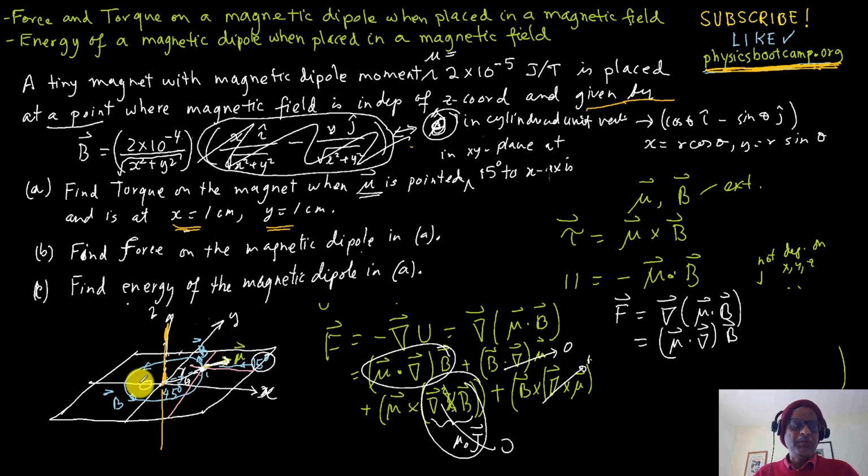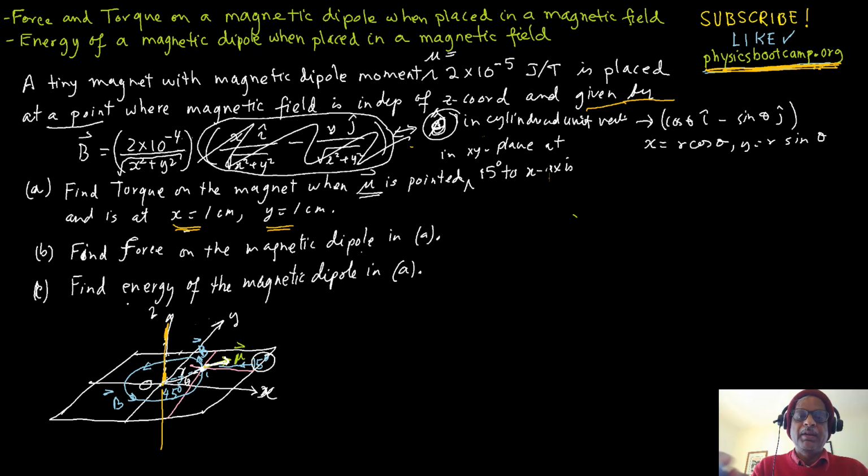Maybe you want to go ahead and do it and come back and check my answer. Okay, let me do part A, which should be a blueprint for doing the other ones. The torque is just mu cross B. So let me write them out. What's the mu vector?